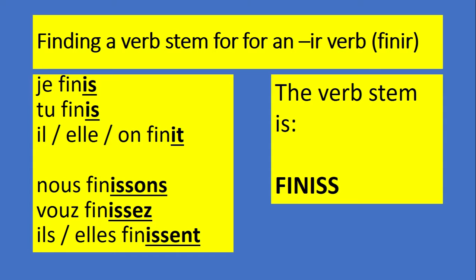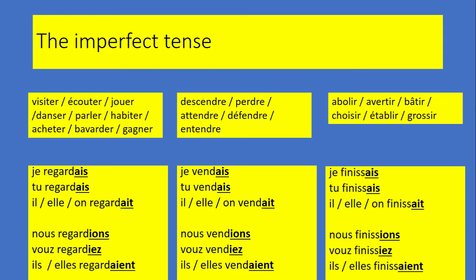If you want to remember it a different way, for ER and RE verbs, take off the ER and the RE for the stem, and for IR verbs, take the ONS off the nous form. But now you're having to remember two separate rules rather than just one standard rule, which is nous form, present tense, minus the ONS, add the imperfect endings AIS, AIS, AIT, etc.